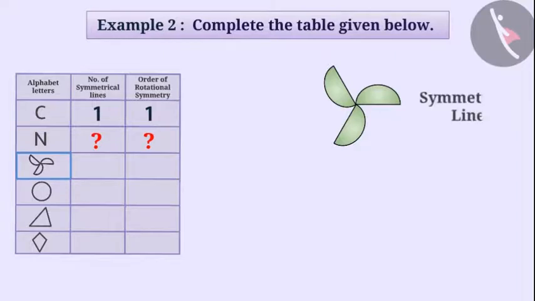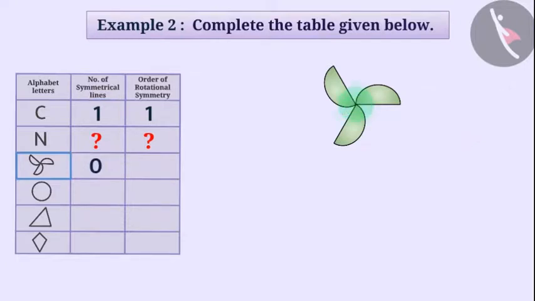Can we draw a symmetrical line in it? Think. All right. No symmetrical lines can be drawn. So the number of symmetrical lines in this figure is 0.